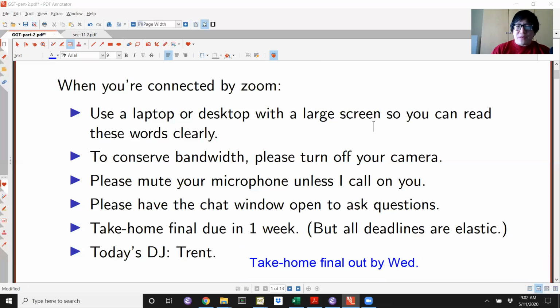We're going to finish up our discussion on geometric group theory that we started on Wednesday. Sit back and relax. Just let it all wash over you. If you really want to come back and study this at some point, it's all going to be preserved here and on YouTube, so you can always go back and see the details later. Just try to take it in, soak it in.